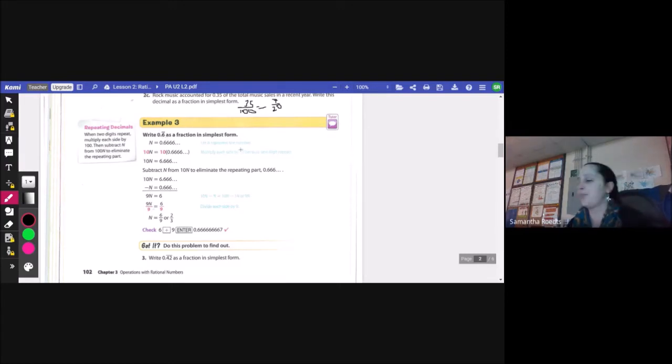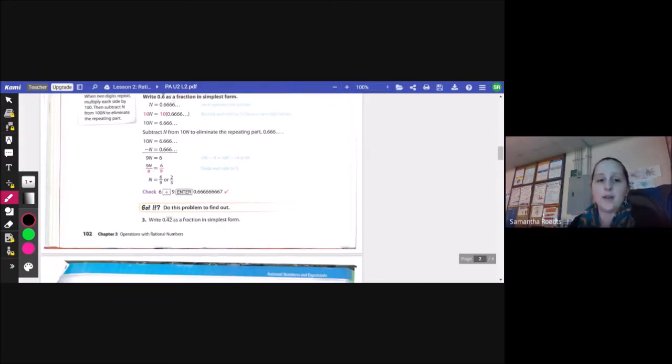So, quick trick. This is actually the way that you do it mathematically. Anything that is repeating is over 9. So for example, 0.42 repeating would be 42 over 99.